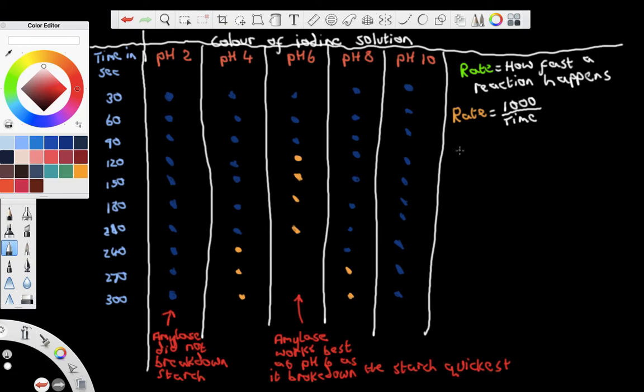So for pH 4, we can do 1,000 divided by 240.